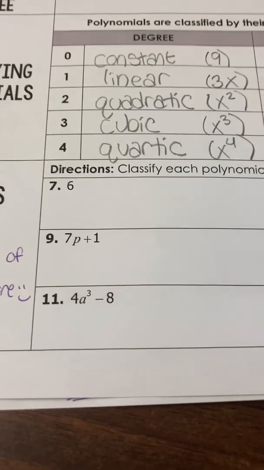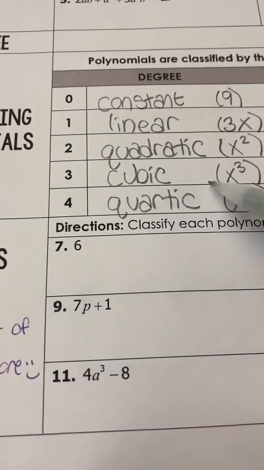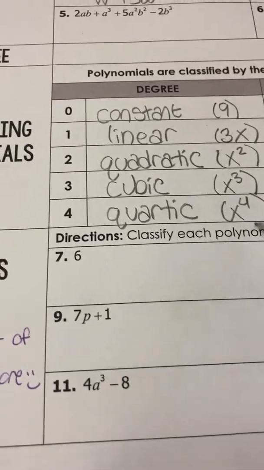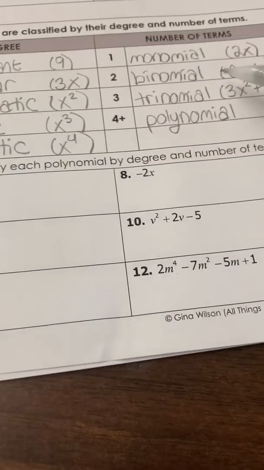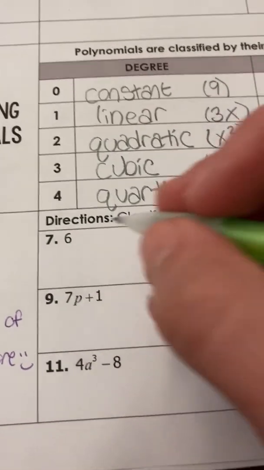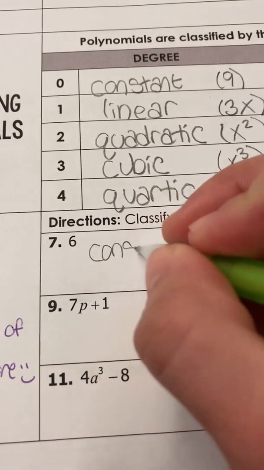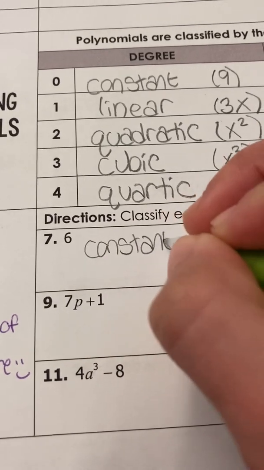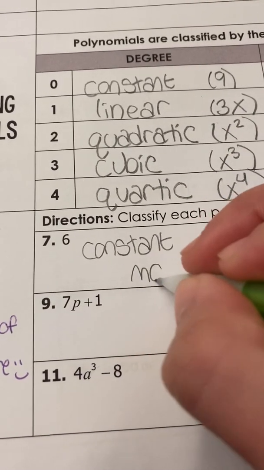And then again, we can look at some examples of these. So we're always going to identify it by the highest exponent or degree first, and then by how many terms there are. So this one, there's no exponent, so that makes it a constant. And there's one term, so that makes it a monomial.